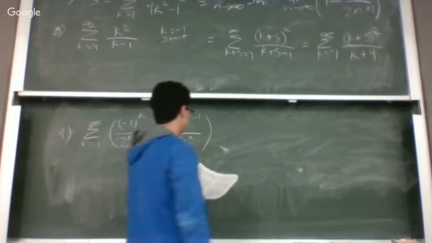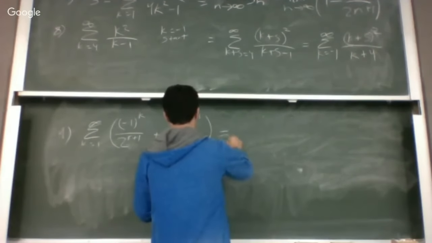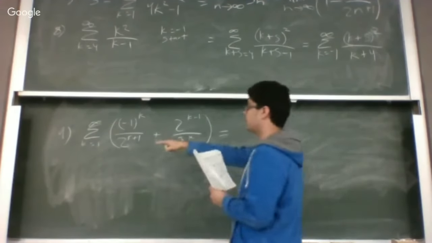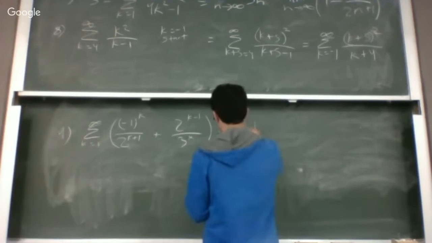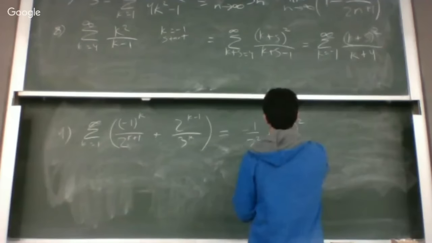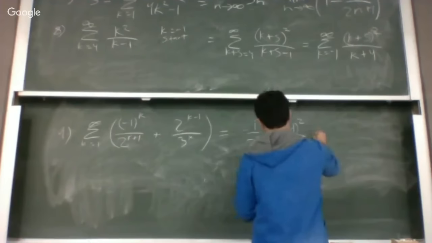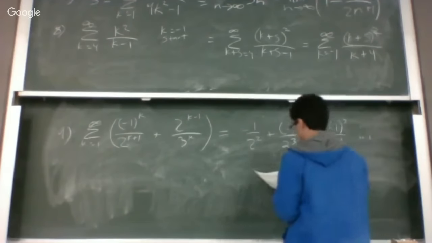So we can show that by looking at the first few terms. Plugging in a 1 on the left one, we have negative 1 over 2 squared plus negative 1 squared divided by 2 cubed plus negative 1 cubed divided by 2 to the 4th, and the first series goes on.